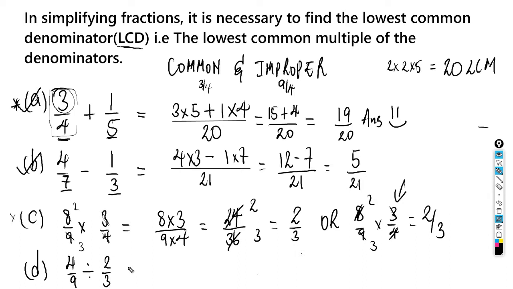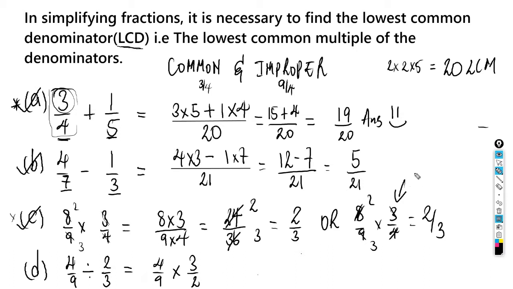Okay. All right, guys, so let's look at the last example here for D. And for D here, we have 4 over 9 divided by 2 over 3. We know that when we divide, you flip the right side, right? So the 3 ends up over the 2, and then the division sign turns into a multiplication sign.